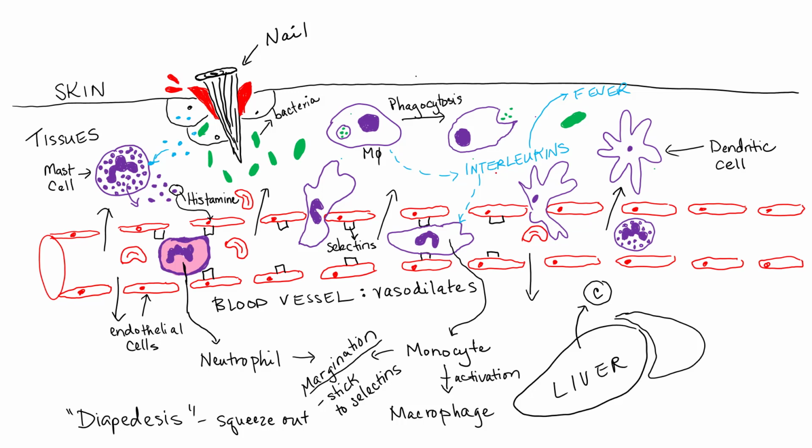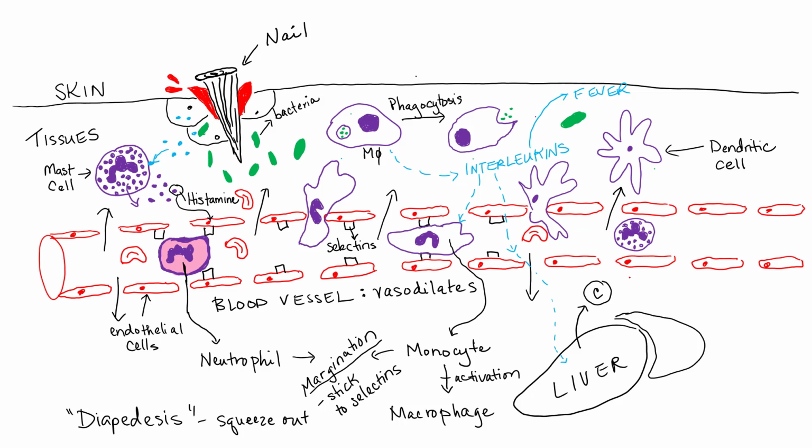And then these interleukins will end up in the blood and travel to the liver. And then these complement proteins start being released. It's actually a complex series of events for complement to become activated because there are all these enzymes that cleave the complement proteins into various pieces.